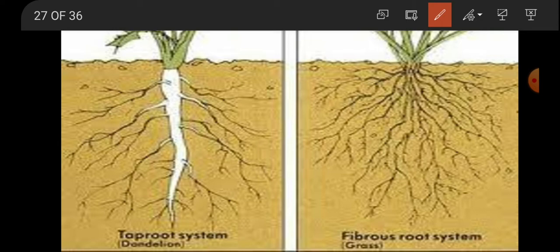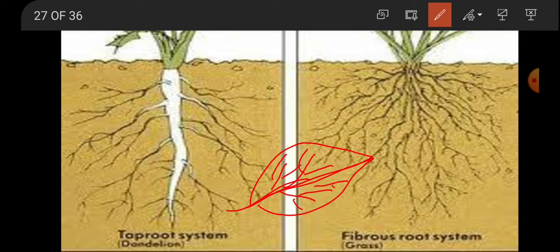So what is venation? You people know that in a leaf, the center thick line is your midrib, and from the midrib small thin lines arise towards the lamina part. These are called your veins. So the arrangement of veins in the leaf is called your venation.